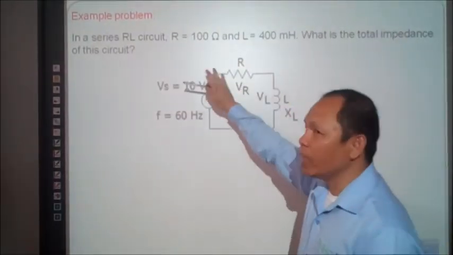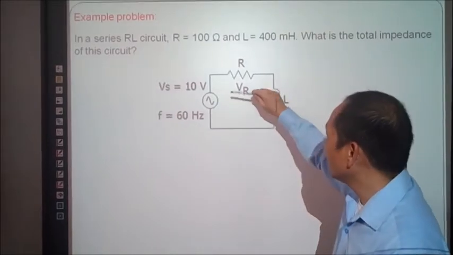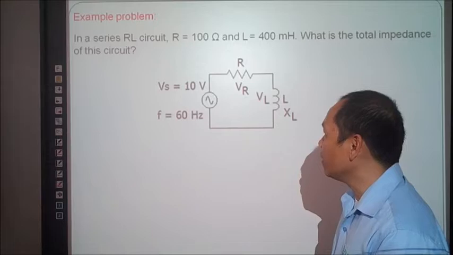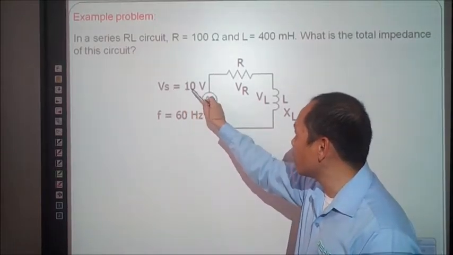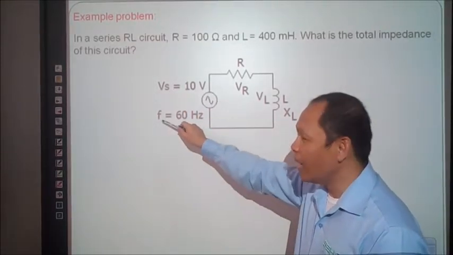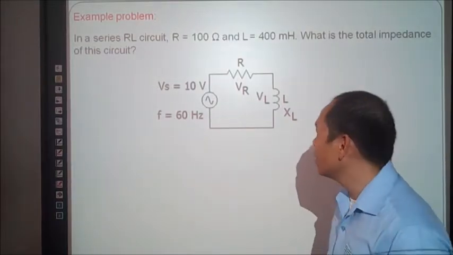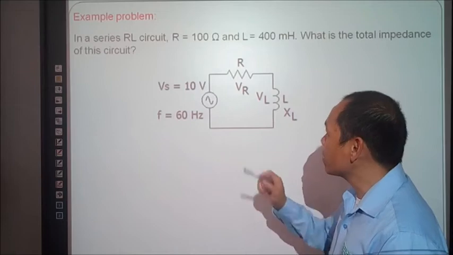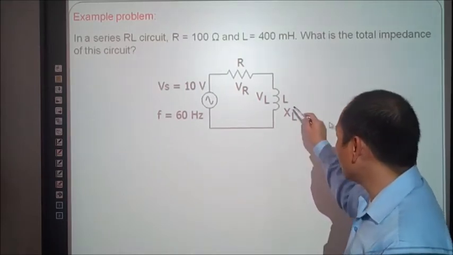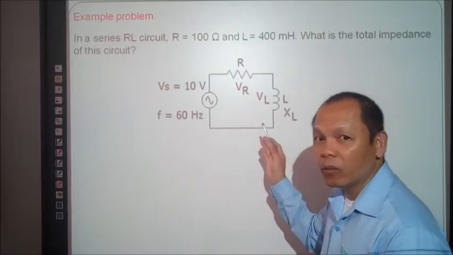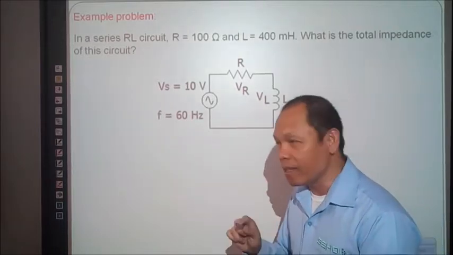With a given series RL circuit, we have the source voltage equal to 10 volts, and the frequency F is equal to 60 hertz. So let's solve for XL, and after that, we will solve for the impedance, Z.